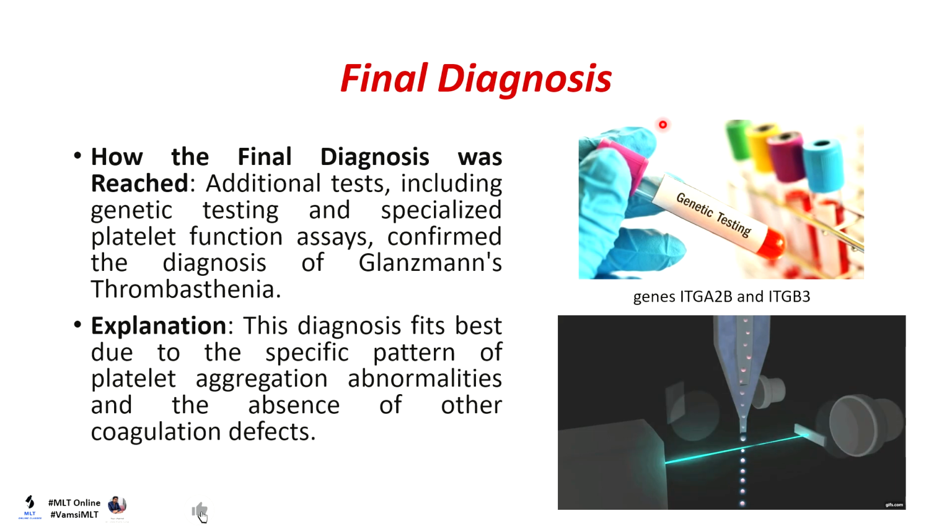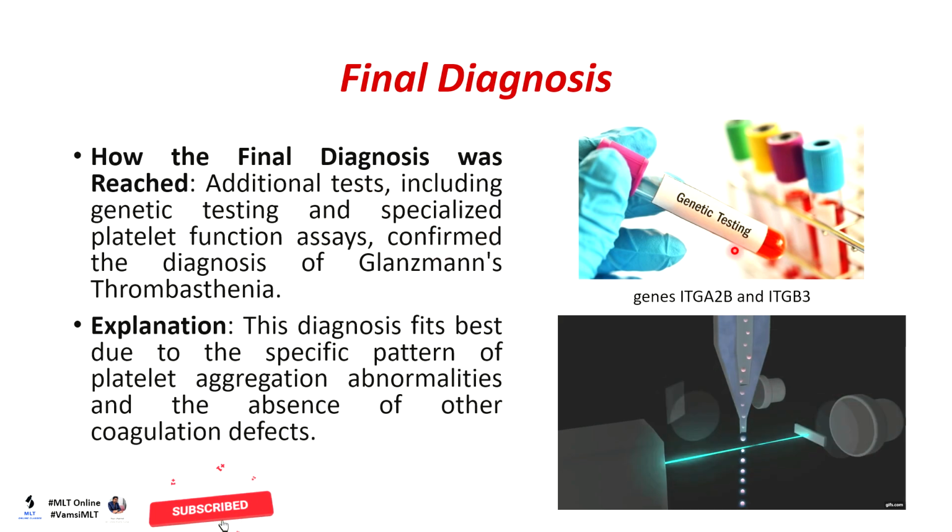So the final findings: we went with genetic testing of the patient to check the presence or absence of the genes responsible for Glanzmann's thrombasthenia, ITGA2B and ITGB3. The genetic testing shows there is a problem with these genes, indicating she might be suffering from Glanzmann's thrombasthenia.